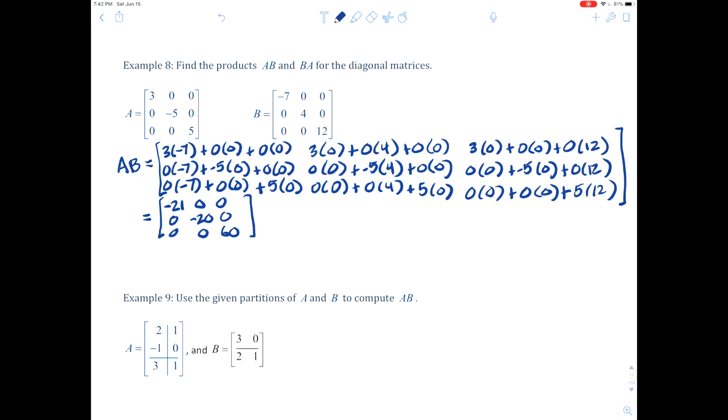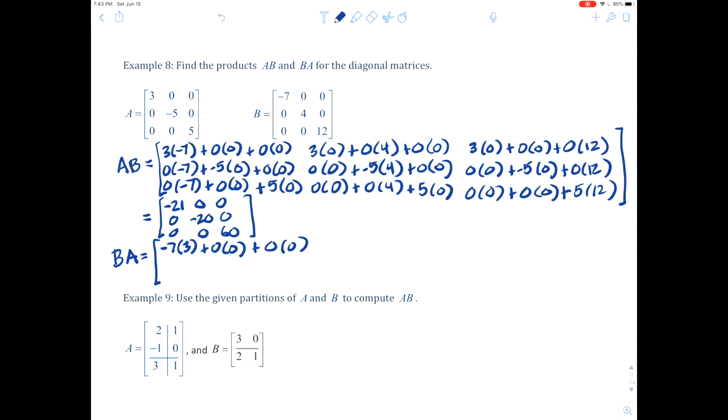Well, why don't we see what B times A is? How would it be different? Be careful going the other way. We would have negative 7 times 3 plus 0 times 0 plus 0 times 0.